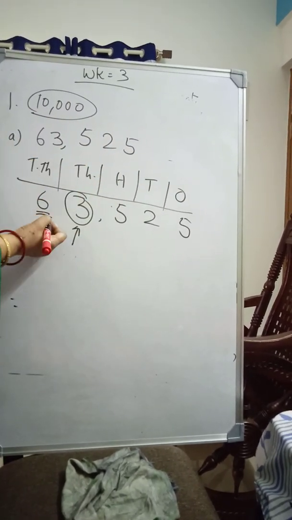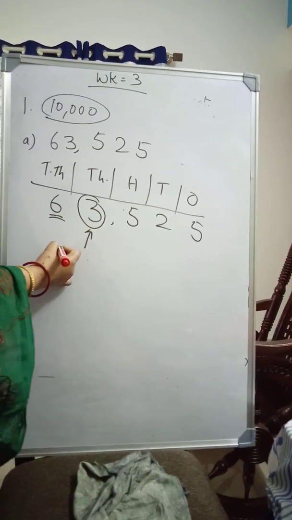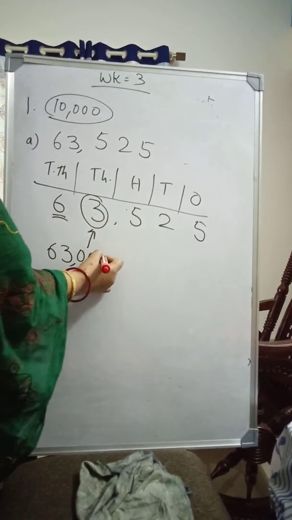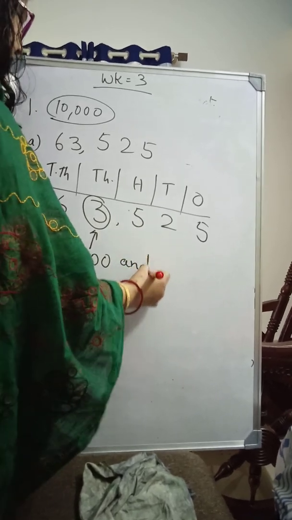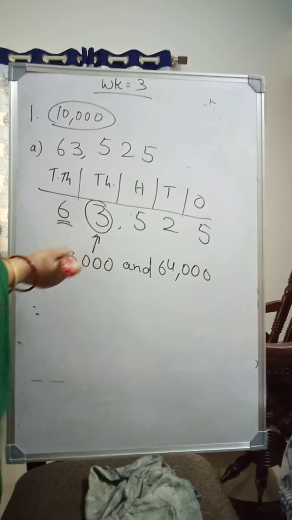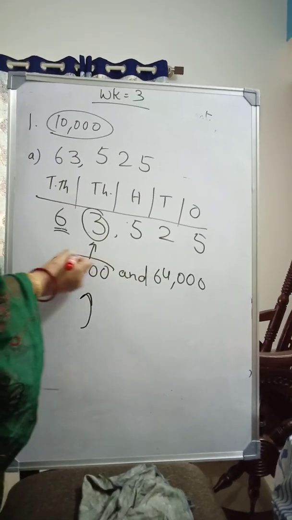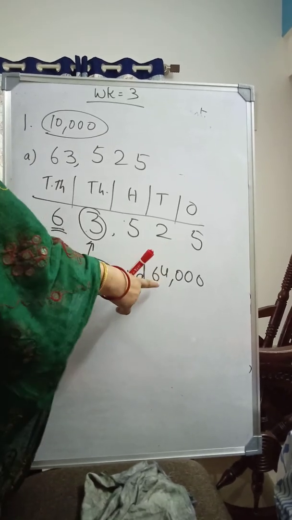First point. Second point, this 63,525 is in between 63,000 and 64,000. Correct? Second point, this 63,525 is nearer to 63,000 than to 64,000.